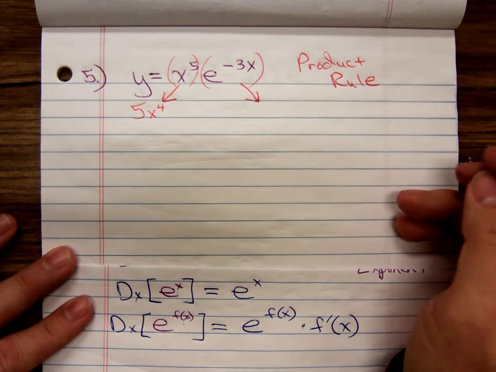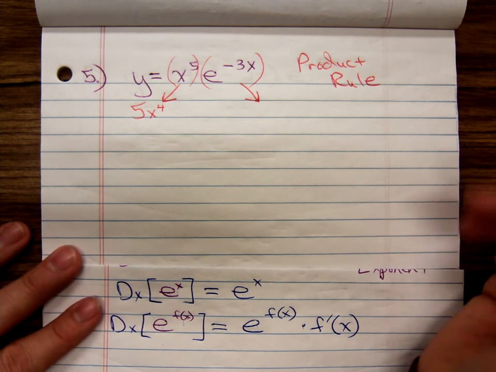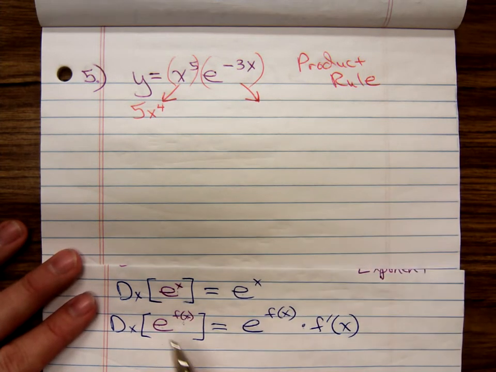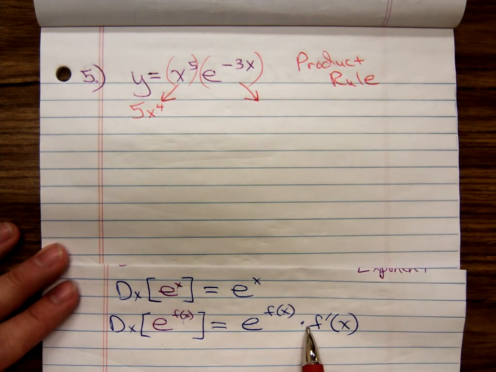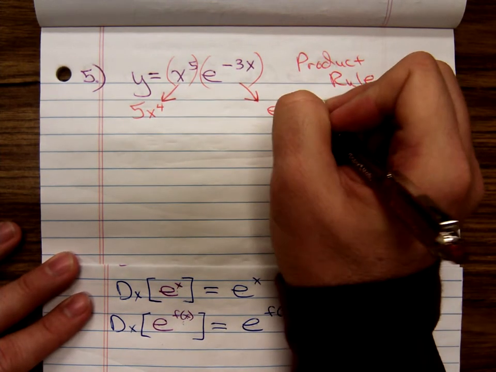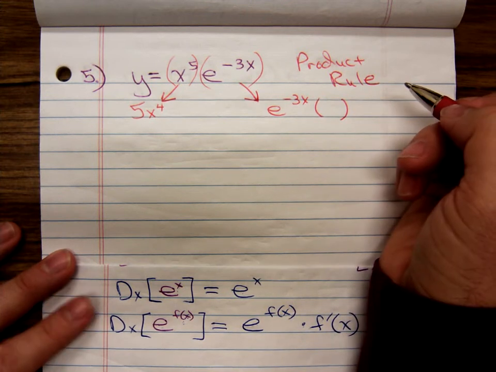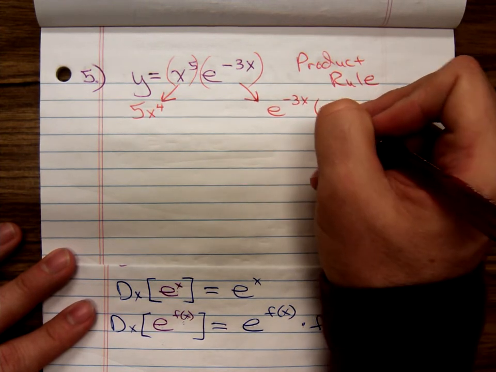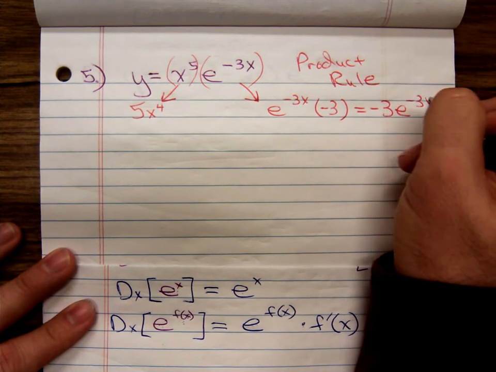The derivative of e to the power is e to the power times the derivative of the exponent. So it's e to the power times negative 3. The derivative of negative 3x is just negative 3. So I'm going to write it as negative 3e to the negative 3x.